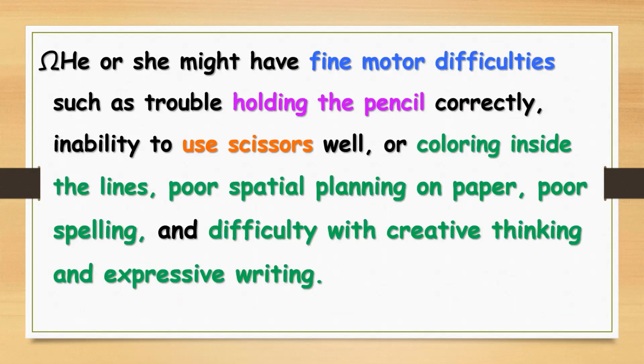She or he may have fine motor difficulties, such as holding the pencil correctly, using scissors to cut, coloring inside the lines, poor spatial planning on paper. How to plan, how to draw a diagram of some house or something. Poor spelling, difficulty with creative thinking and expressive writing.